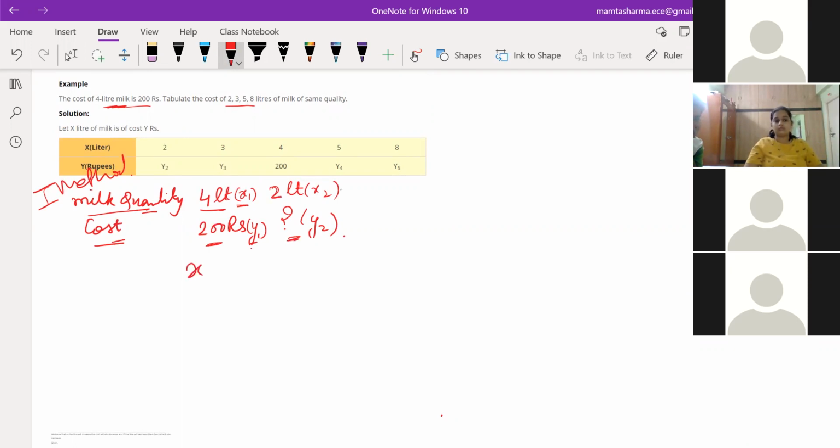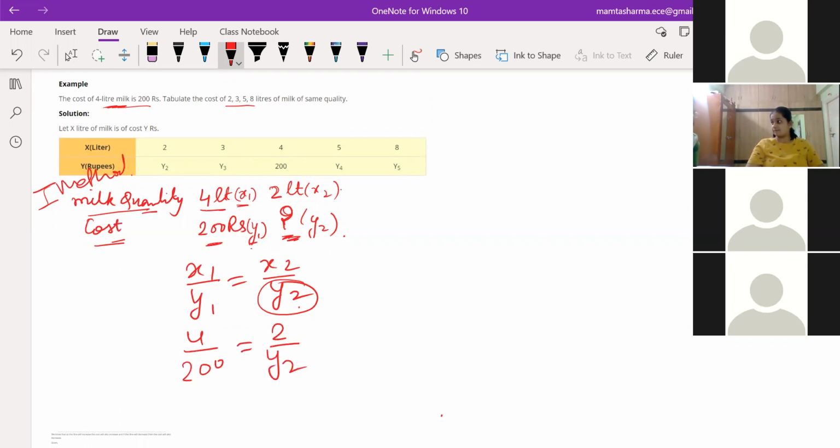Their ratio will remain constant. This is the definition of direct proportion. Now put the values: y2 is unknown, and you have to find the value of y2. So x1 is 4 liters, y1 is 200, x2 is 2 liters, y2 is unknown.